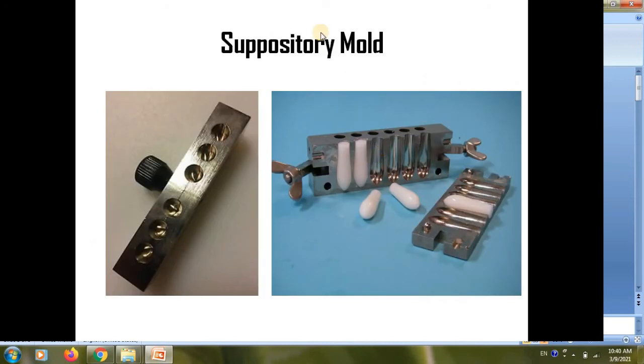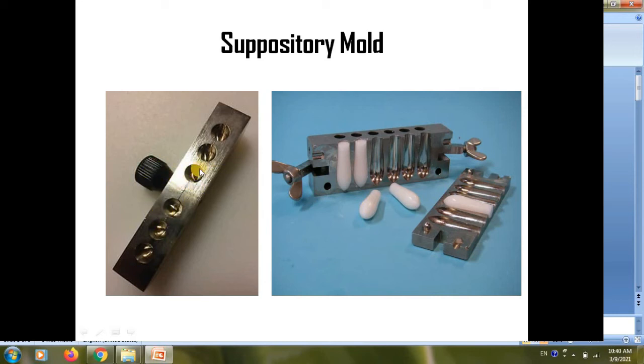Then next, these are the suppository molds. I have discussed this mold in our theory part. In this mold there are two separate parts. If you are seeing in this second image, there is one part and this is the second part. First you have to lubricate with oil. This oil will be applied on the whole mold. Then you have to join the mold with the screw fitting.